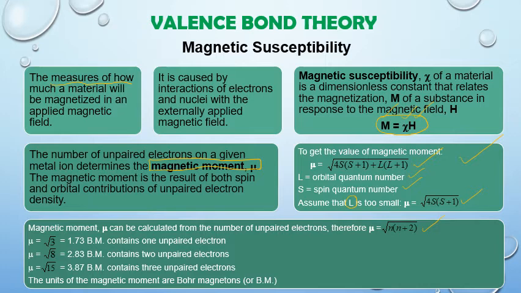If the transition metal has one unpaired electron, we substitute the value in this formula and end up with 1.73 BM. This is the value of the magnetic moment. BM is the unit of the magnetic moment and is known as Bohr magnetons.